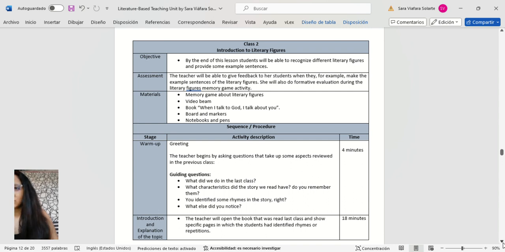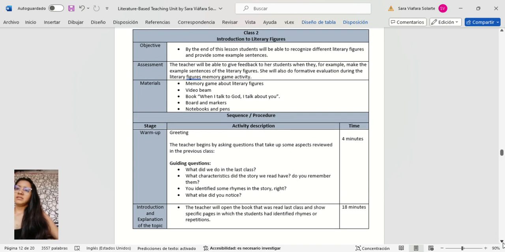About class 2, that is an introduction to literary figures. This is the objective: by the end of the lesson, students will be able to recognize different literary figures and provide some sample sentences. In this class, again, there is no assessment, but the teacher is going to give feedback.